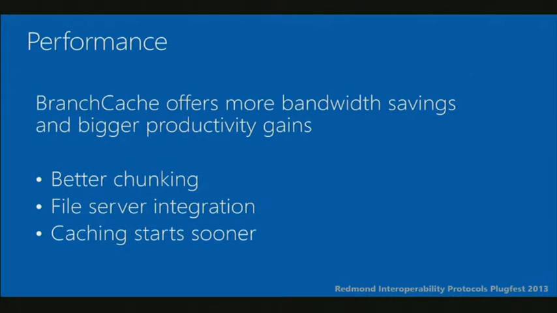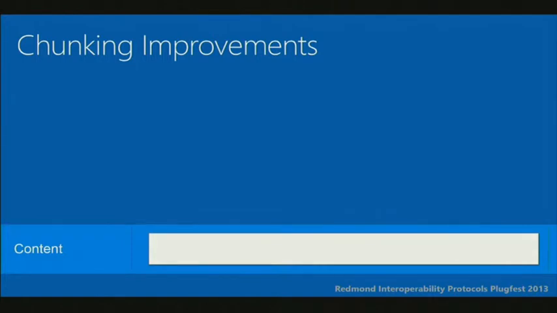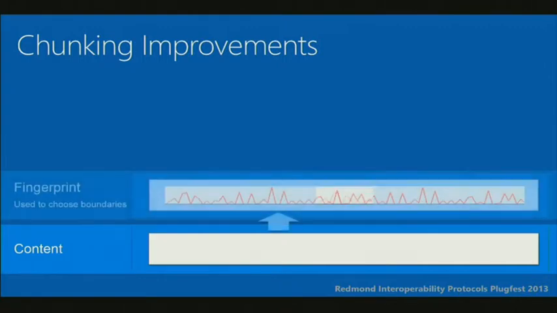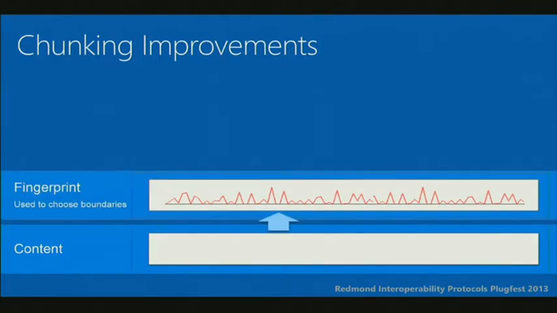So we've somewhat collapsed the distinction between segment and block. In version 2, segments are always one block long. They are variable sized, so that you have anywhere from 32K to 128K length blocks. The way we generate that is, instead of doing a fixed size, we take the content and run a fingerprint algorithm over it.